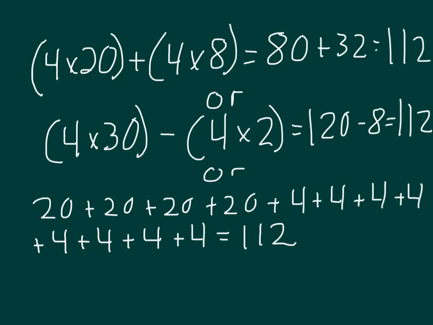Or you could have multiplied 4 times 30 and then subtracted 4 times 2, which would be 120 minus 8, which also comes up to 112. Lastly, you could have used addition and added 20 plus 20 plus 20 plus 20, there's your 4 20s, plus 4 plus 4 plus 4 plus 4 plus 4 plus 4 plus 4 plus 4 to give you your total of 112.